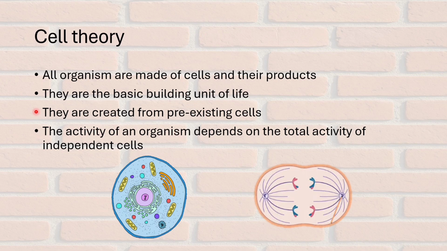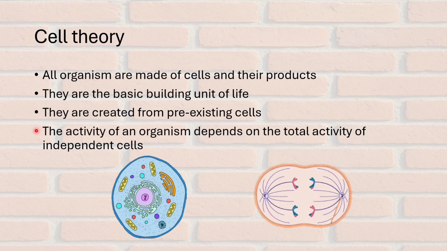The same goes with your red blood cells and everything in your body. So the activity of an organism depends on the total activity of independent cells. Whatever goes on in an organism is actually whatever goes on in the independent cells, because the cell is the basic building block and it creates a product which is then transferred to all other parts of the body.